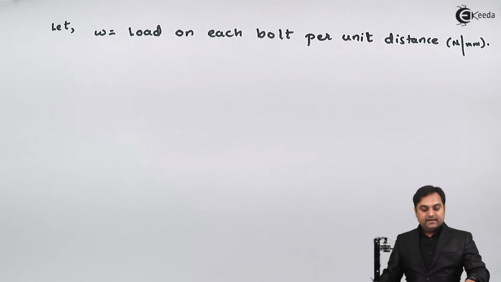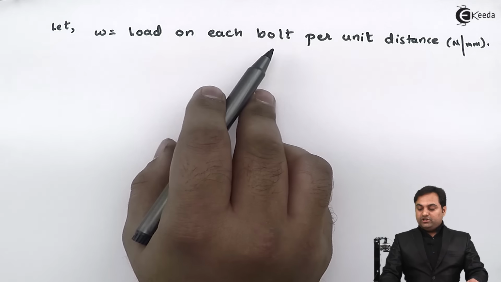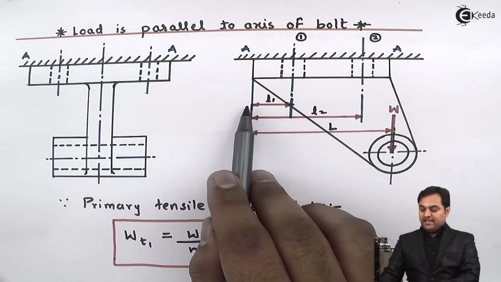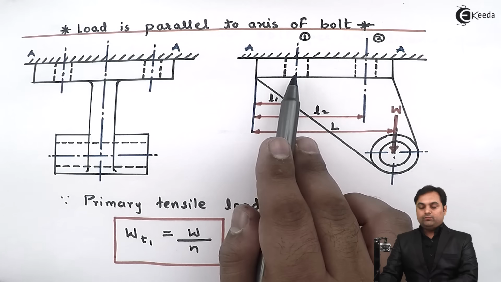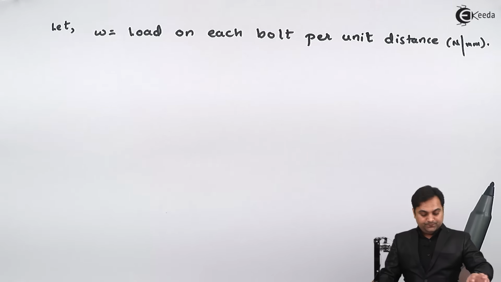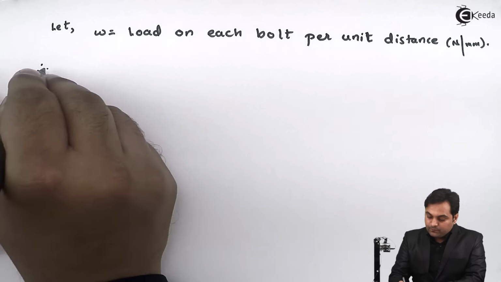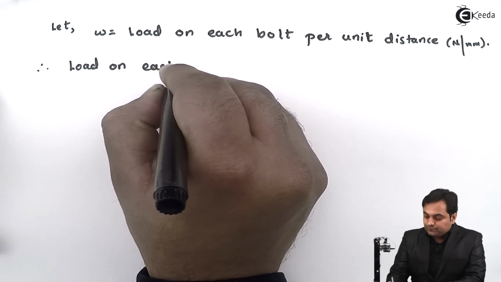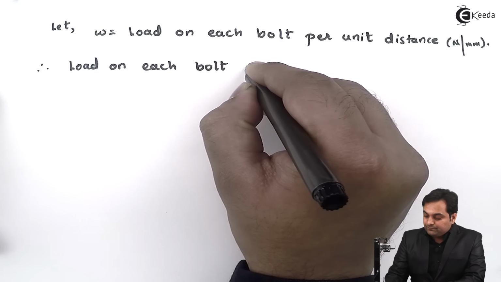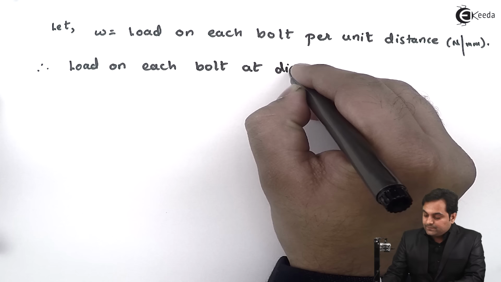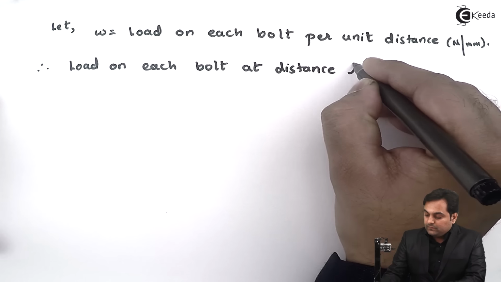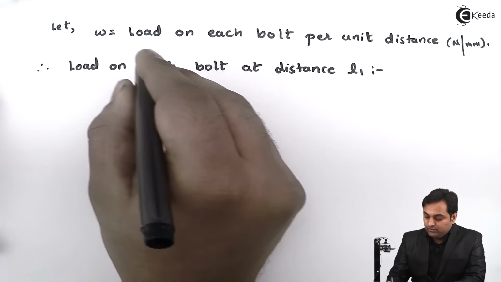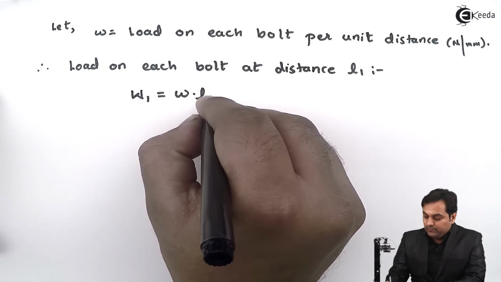So next I can say that if W is the load on each bolt per unit distance, if the unit distance is L1, then the load on bolts at section 1, therefore load on each bolt at distance L1, that we will denote by W1 is equal to W into L1.